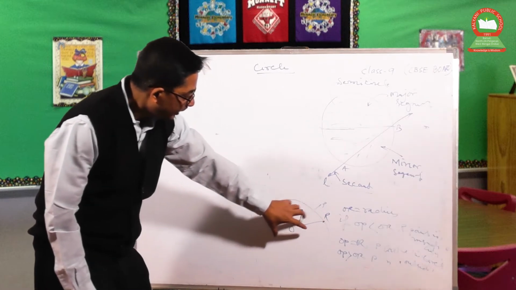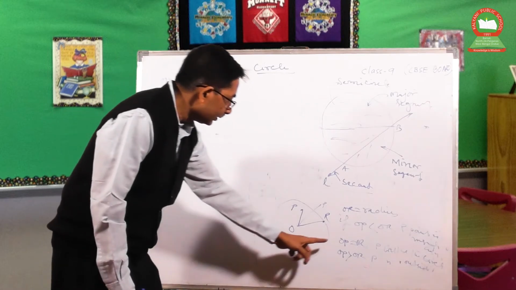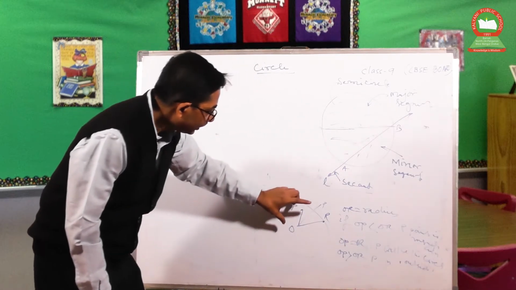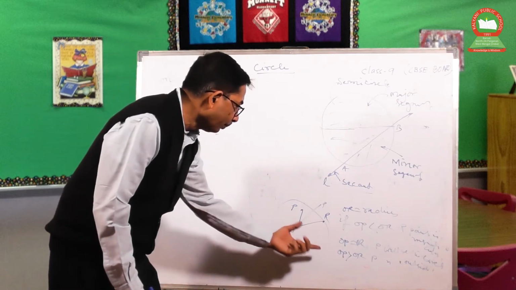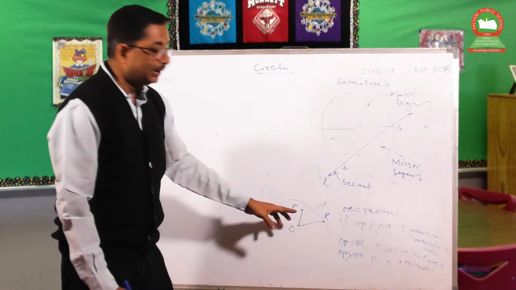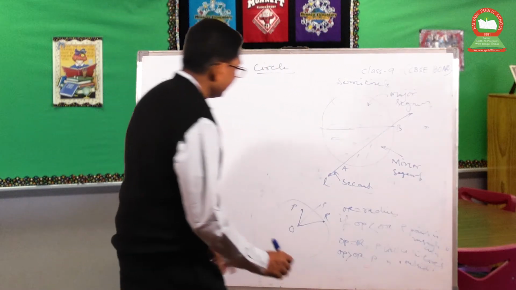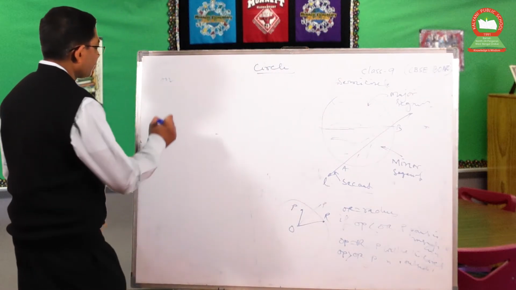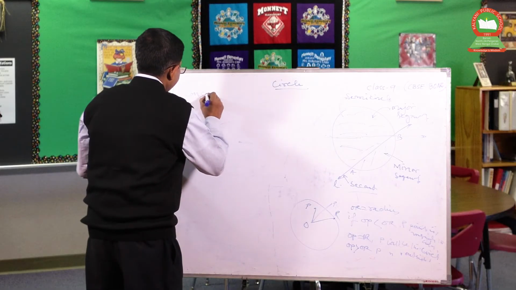If it is equal to the radius, it is on the circle. And if OP is greater than OR, definitely P will be outside the circle.